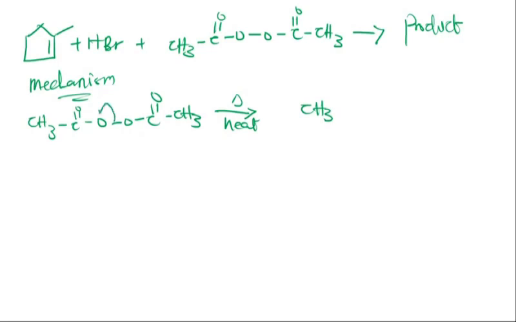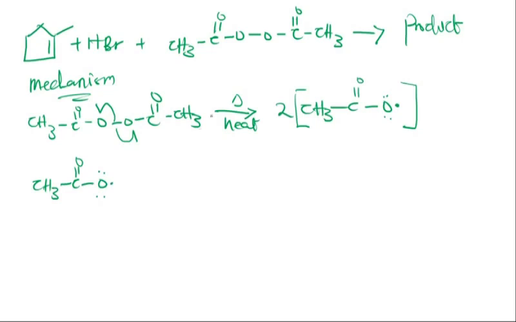Mind you, this will undergo the homolytic cleavage like this. So the electrons are being shared. So we have this O, then O with the radical over here. So we have 2 of this. Once we have this, oxygen always has 2 lone pairs.